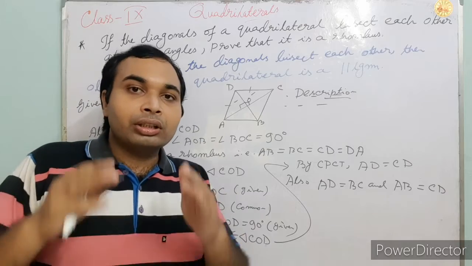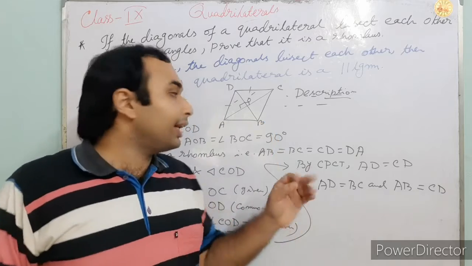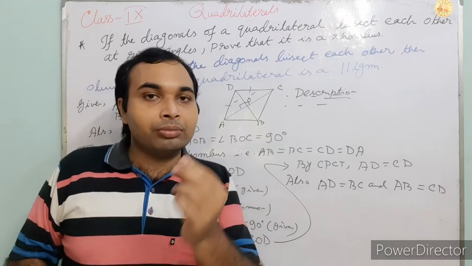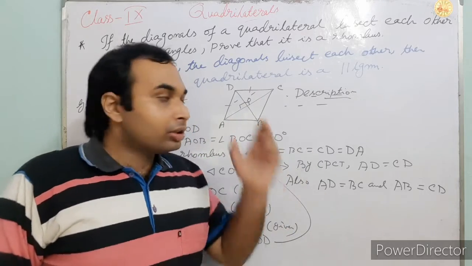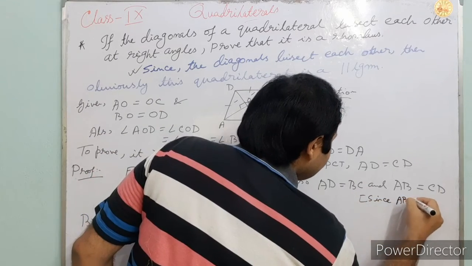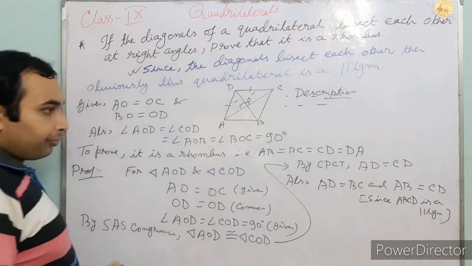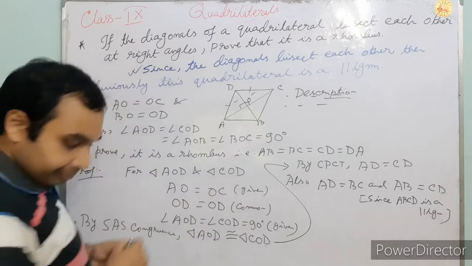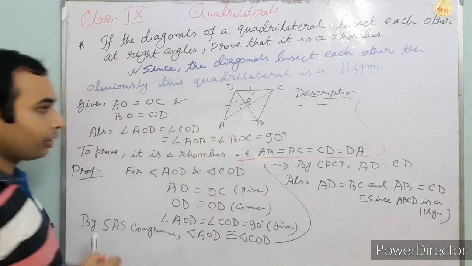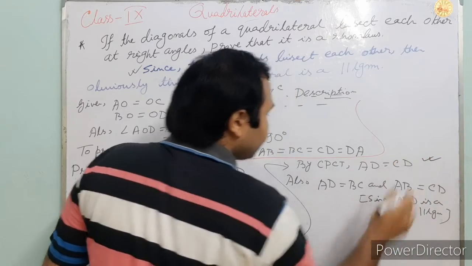Now, in the reverse way, if ABCD is the parallelogram, then we can definitely say that AB equals CD and AD equals BC. That is the property of the parallelogram. Just see, that is the opposite sides are equal. So here I am writing, since ABCD is the parallelogram, now we have got AD equals CD.